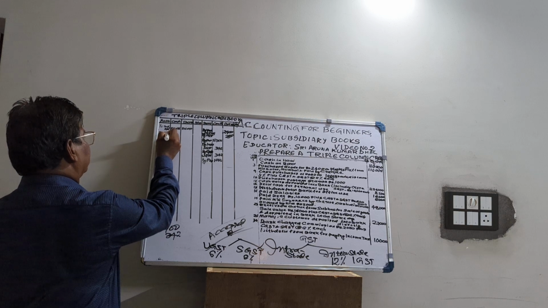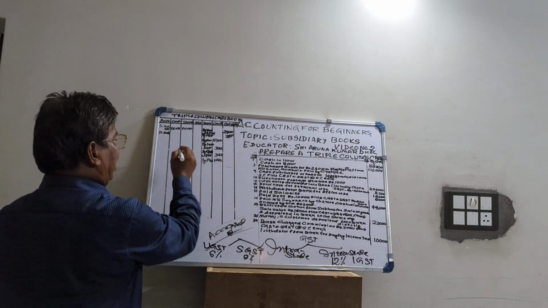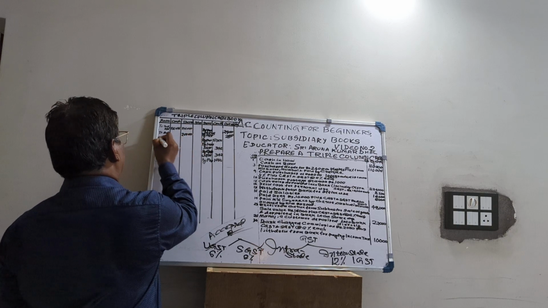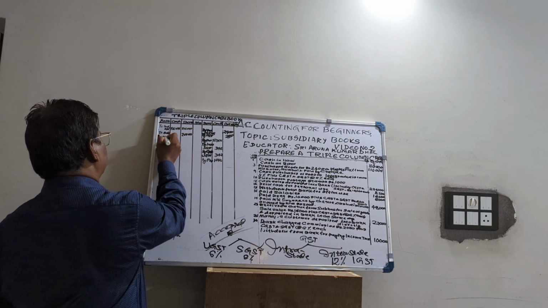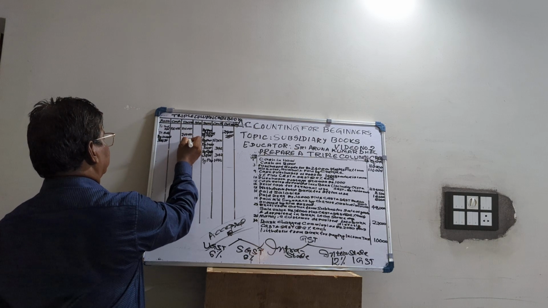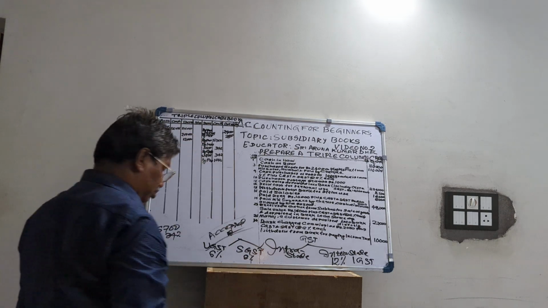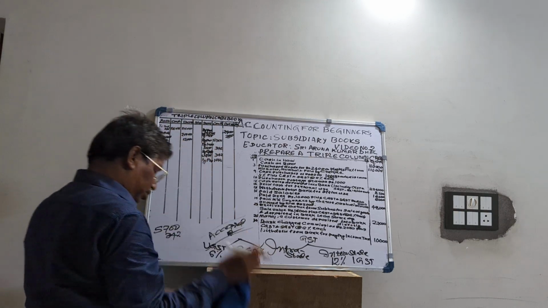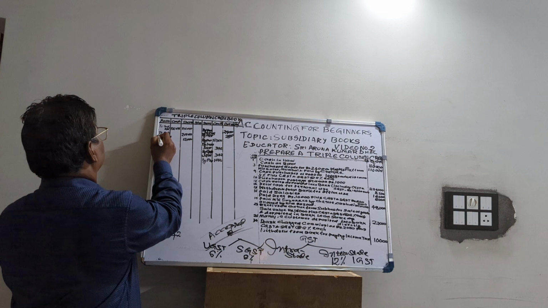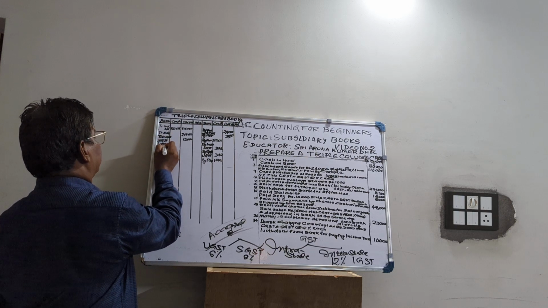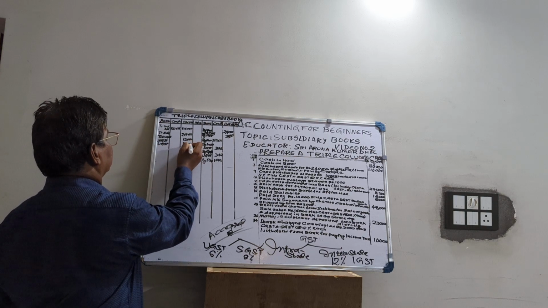On the sale we will write 2 lakh, in the bank we will write 2 lakh. Then by output SGST 12,000, this is on the debit side. Then output CGST, that is also 12,000.